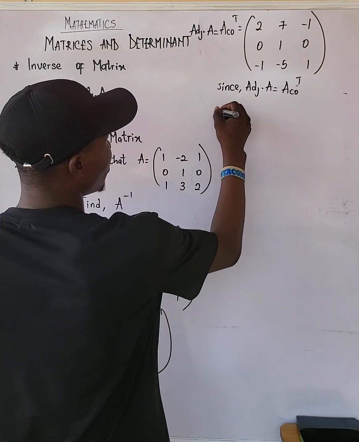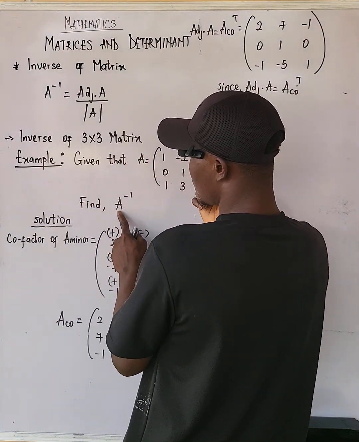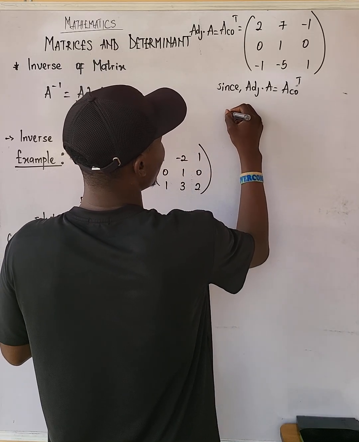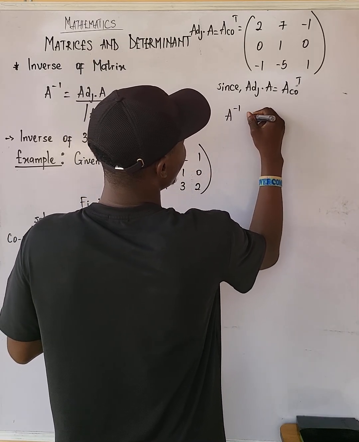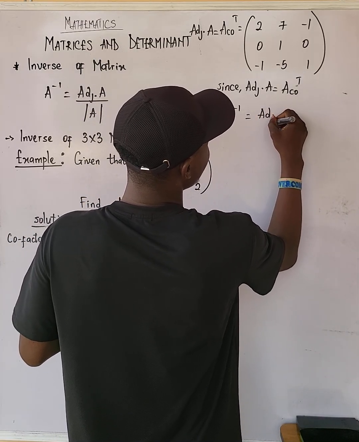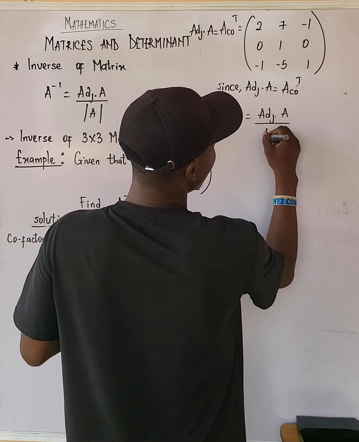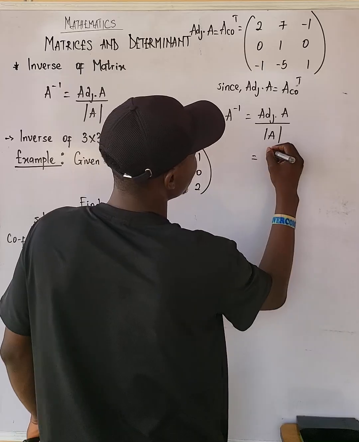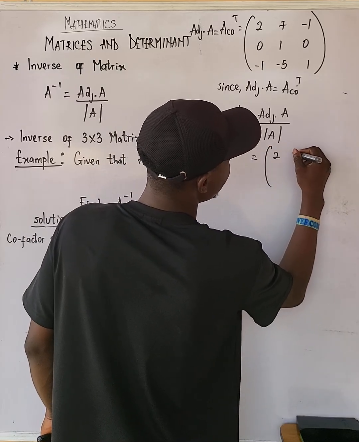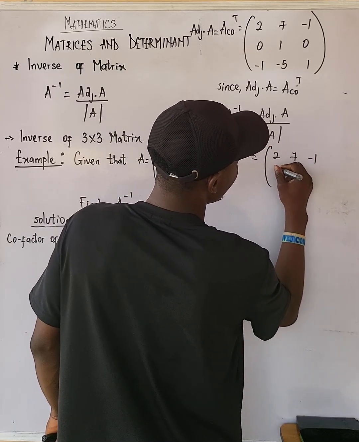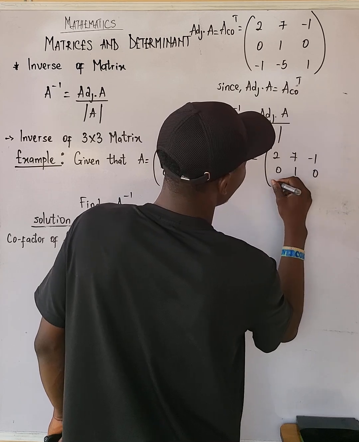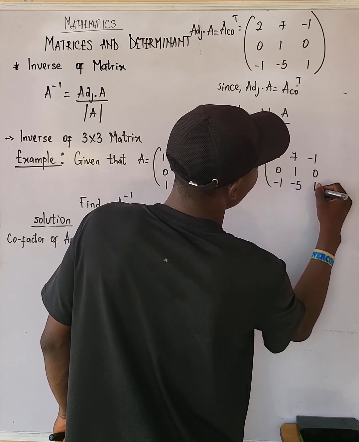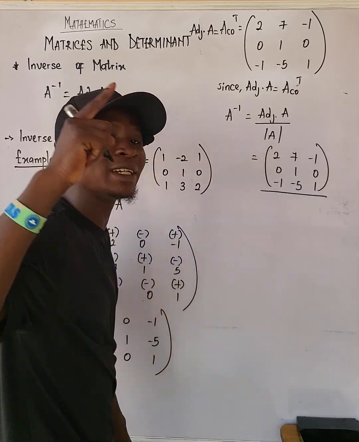Now let's go back and get our inverse, because that was what we were out to look for. So A inverse will now be what? The adjoint of that matrix over the determinant, right? So what is the adjoint? We have 2, 7, minus 1, 0, 1, 0, minus 1, minus 5, 1. Then over, what do we get for the determinant?